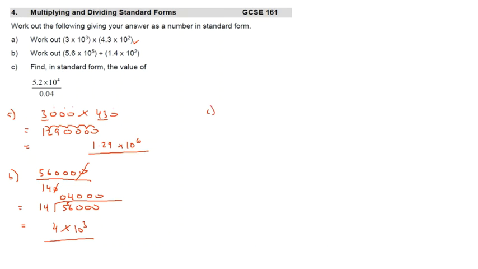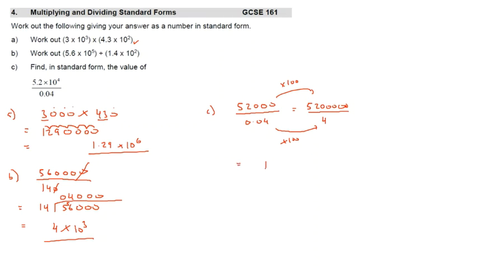And the last one, question C. Again, luckily for us, the top is 52,000, and the bottom is already a normal number. Although I do not want to play with this decimal on the bottom. So make it into 4 by times it by 100. That means top by 100 as well. So add on 2 more noughts. So 52, 1, 2, 3, 4, 5.